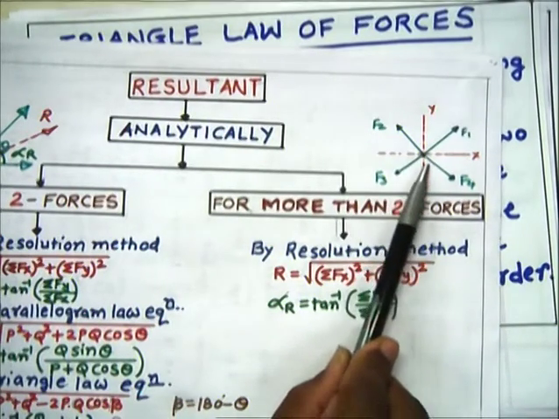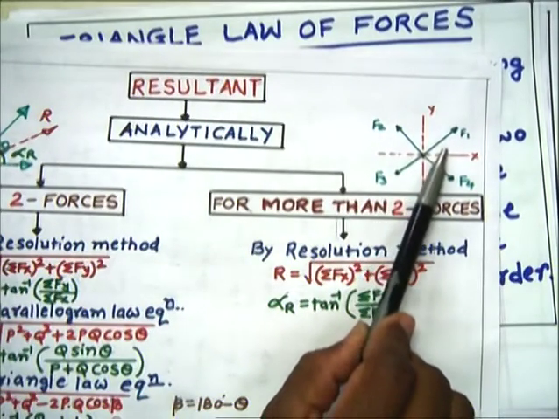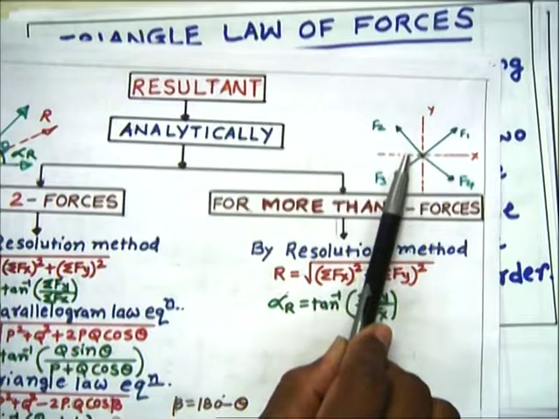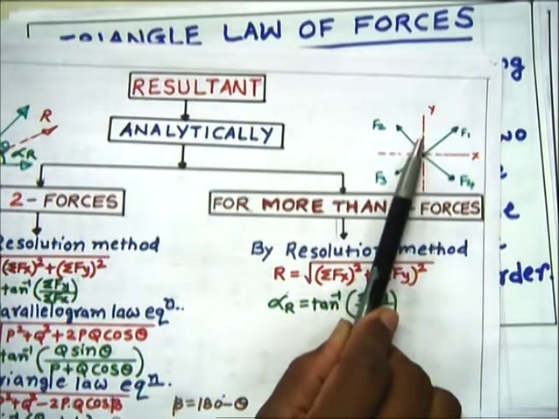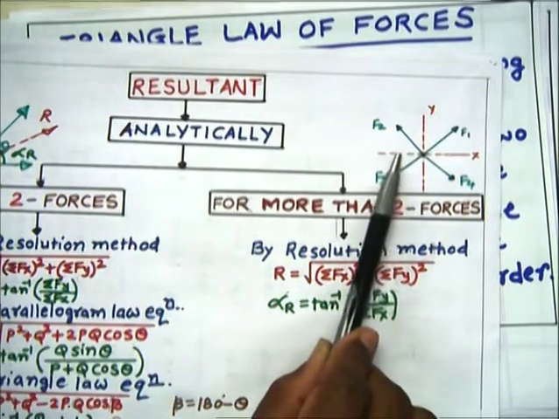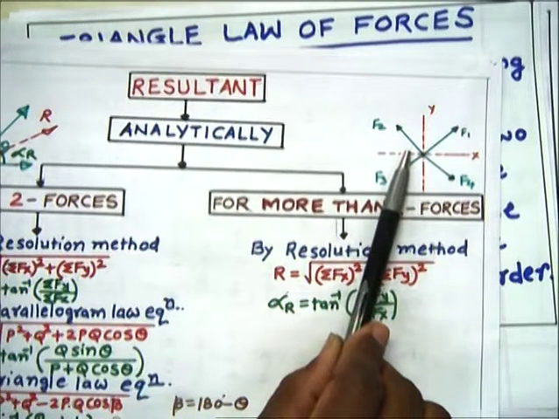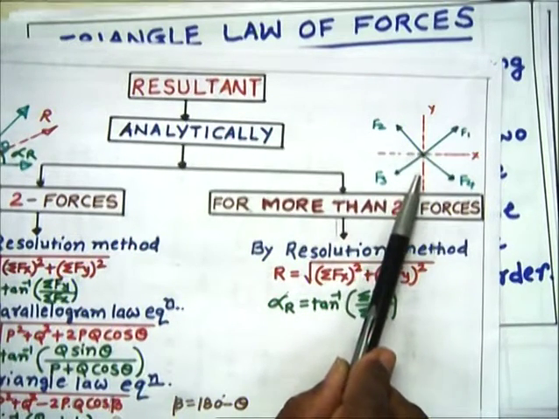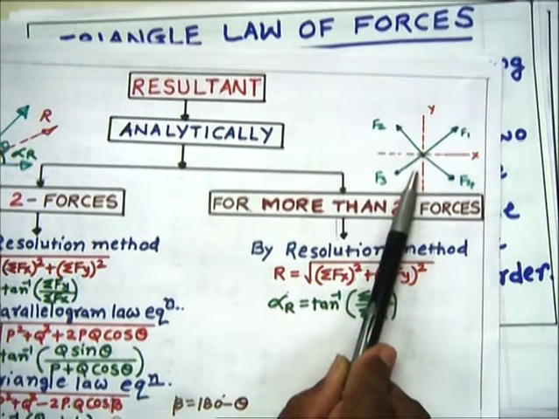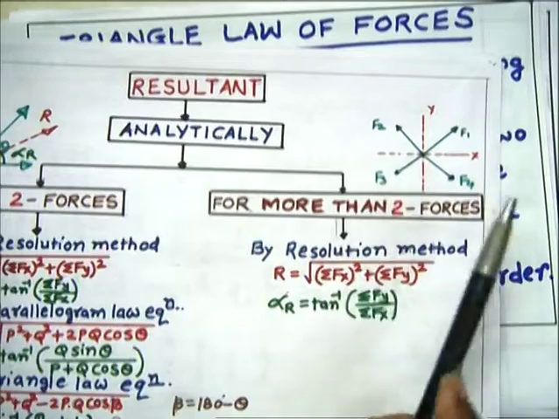Again we can solve this problem by finding sigma Fx and sigma Fy taking all angles with respect to the positive x-axis only, or taking angles separately with each particular axis. And if you take angles separately from a particular axis, then we need to take care of sign, that is, we will have to use plus and minus signs.